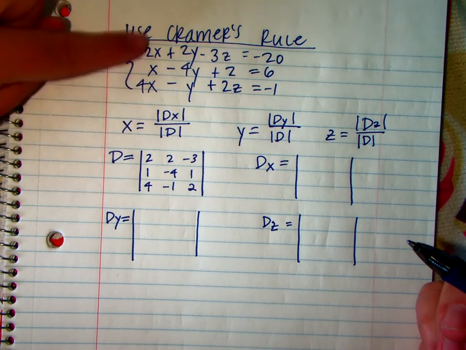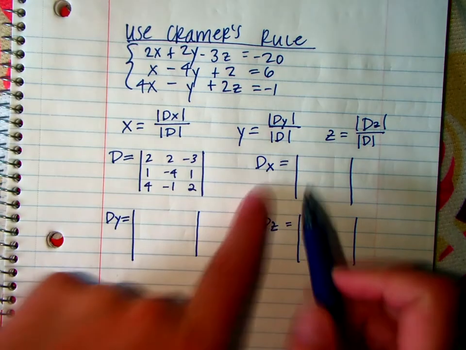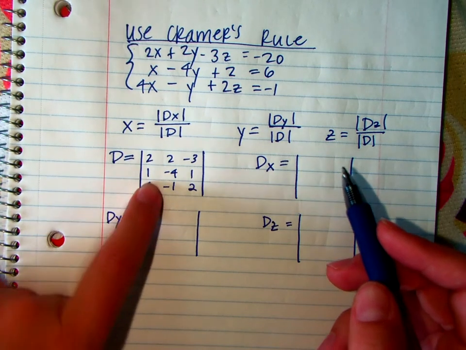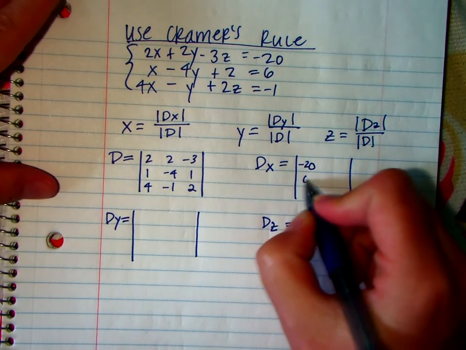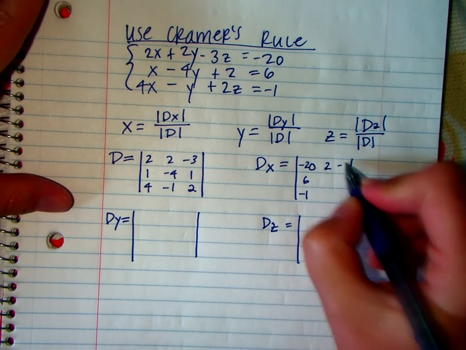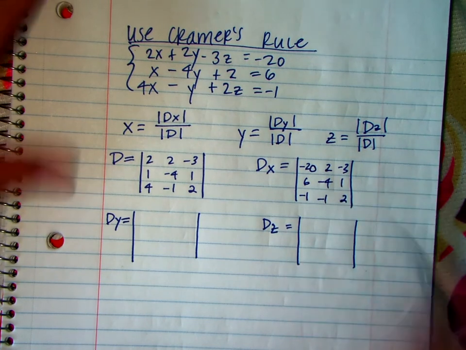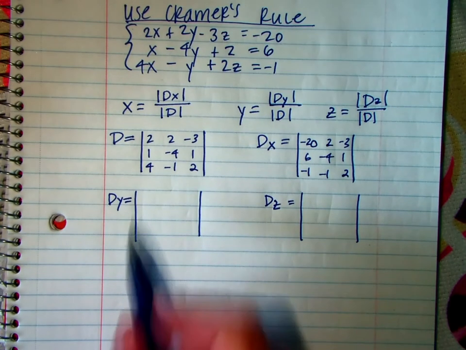All right, so if I go back, 2, 1, and 4 were the coefficients of x. I'm building a new matrix here where instead of using the coefficients of x, or this column, I'm replacing that column with the constants, -20, 6, and -1. But that's the only thing that's changing. The other stuff remains the same. Okay? So I'm going to do the same thing for the y.